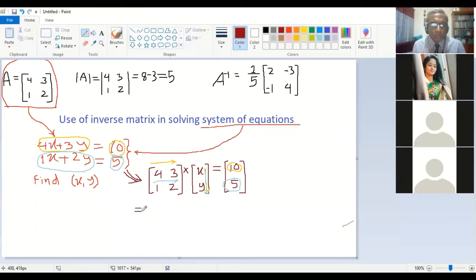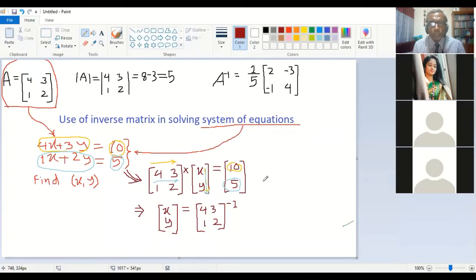In the next line I will write the x y matrix on the left side, and then I will go to the right side. There I will write the [4 3; 1 2] matrix. Actually, it is 1 by this matrix, but we are not writing 1 divided by; we are writing the inverse of this matrix because it is going to the right side.